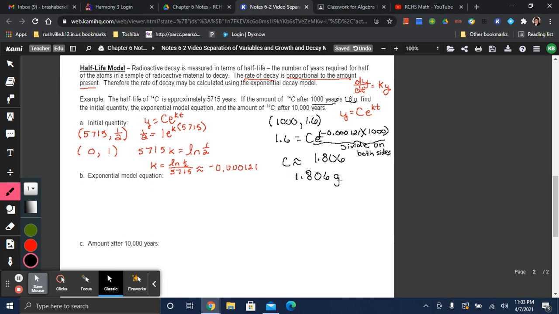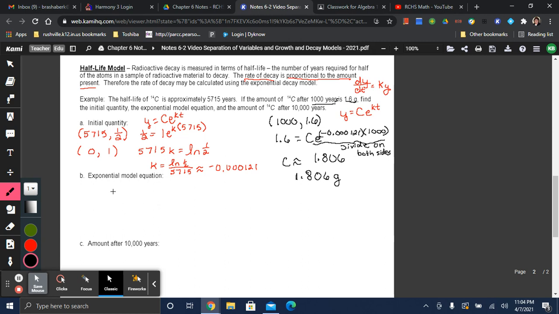So let's think about what's going on here. After starting with 1.806 grams, after 1,000 years, 1.6 grams are left. It would take 5,715 years for half of this amount to be left.